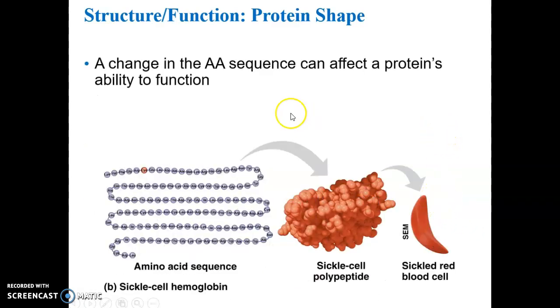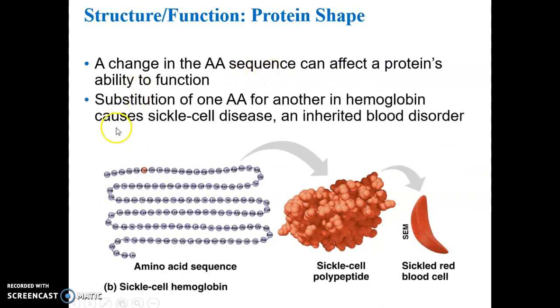Okay. So a change in the amino acid sequence can affect the protein's function because it can affect the shape. So a substitution, for example, of just one amino acid in the hemoglobin polypeptide chain, one incorrect amino acid that can be caused by, say, a mutation, will cause the human sickle cell disease, which is an inherited blood disorder.